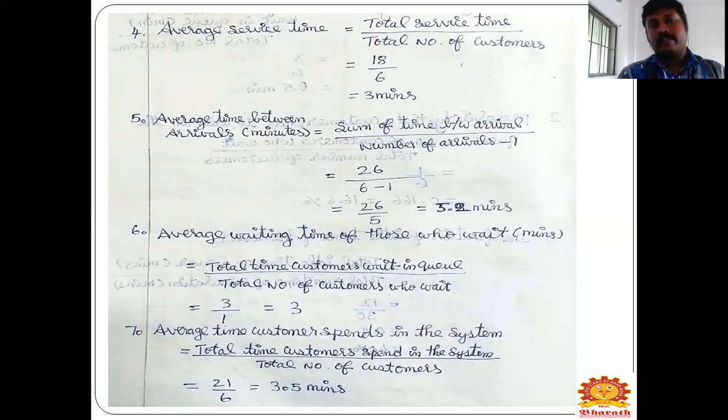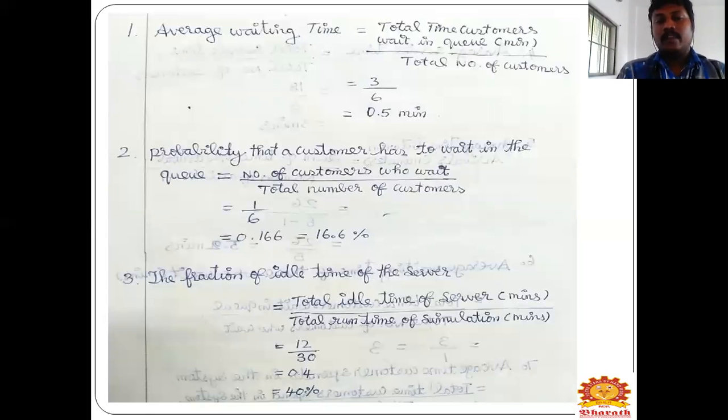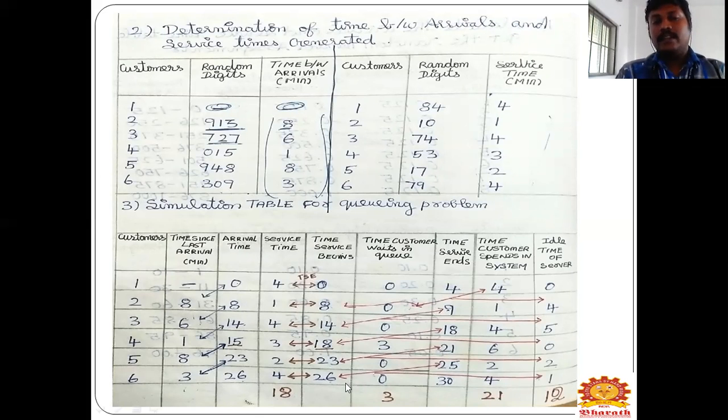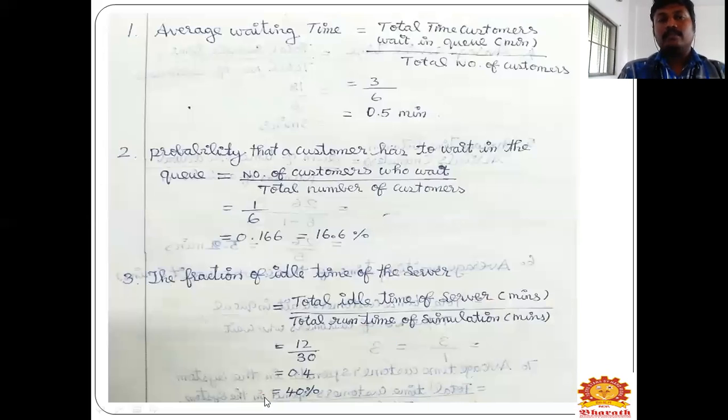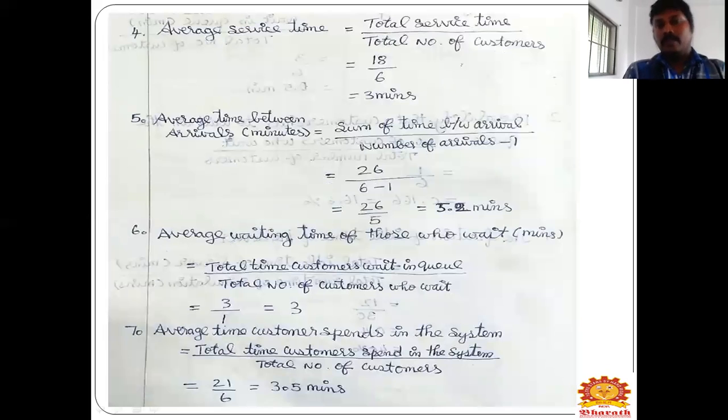The average time between arrivals is the sum of the times between arrivals divided by the number of arrivals minus 1. The sum is 26, so 26 by 6 minus 1, which is 26 by 5, equal to 5.2 minutes.